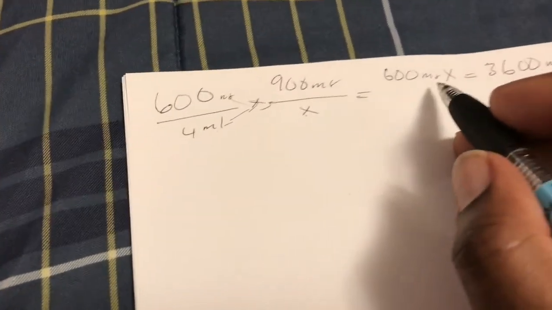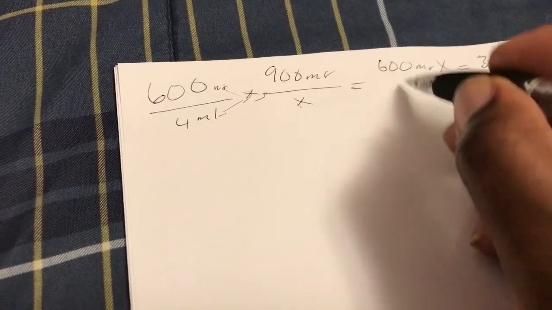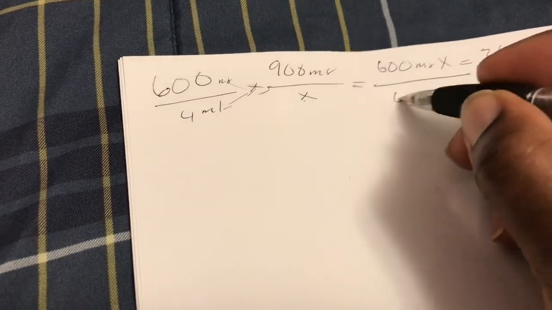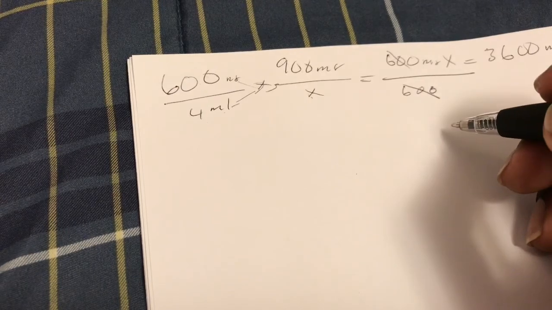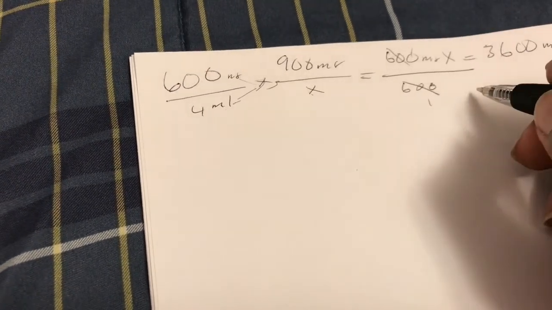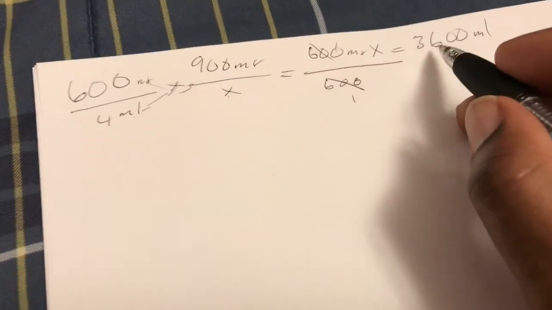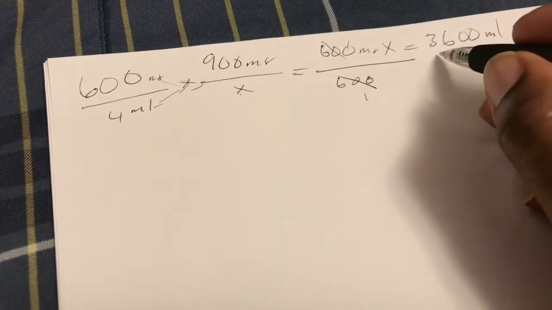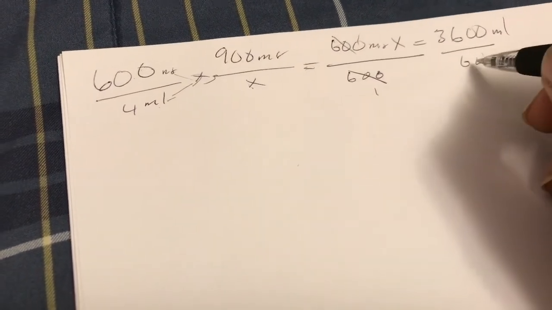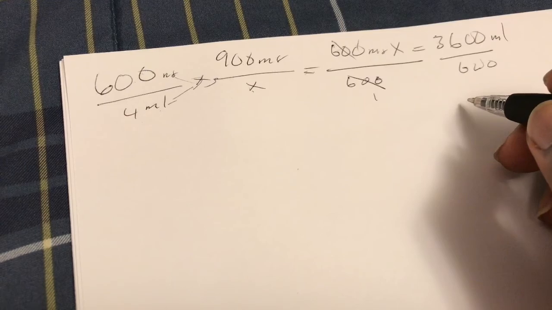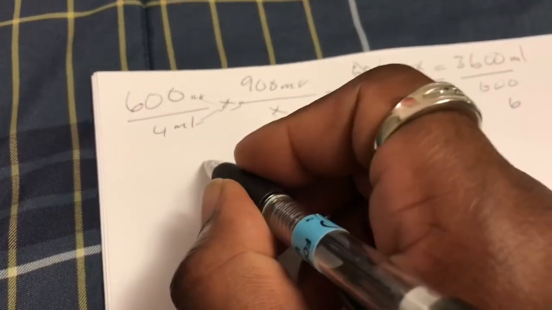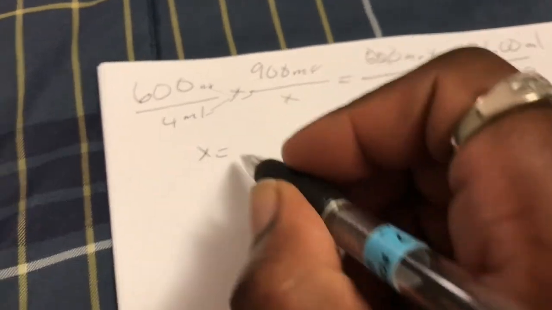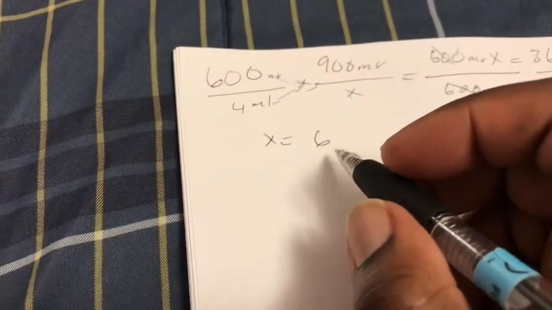And like I told you, to get X by itself, you need to divide by the same number. 600 divided into 600 equals 1. But then you also have to do the same thing right here. And if you divide 600 into this, guess what your answer is? 6. So X now equals 6.